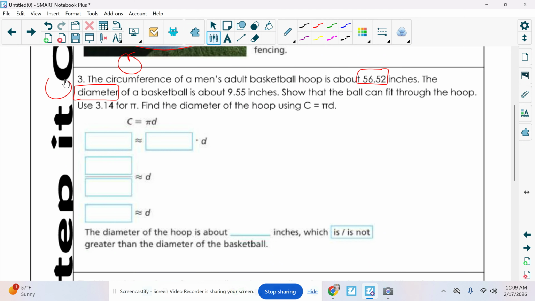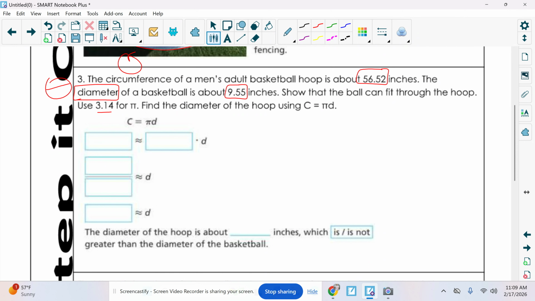The diameter of the basketball is about 9.55 inches. Show that the ball can fit through the hoop. Which has to be bigger? The hoop, okay? For the basketball to go into it. So show that the ball can go in it using 3.14 for pi. Find the diameter of the hoop using the formula.